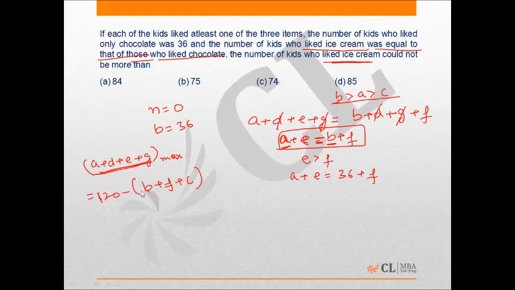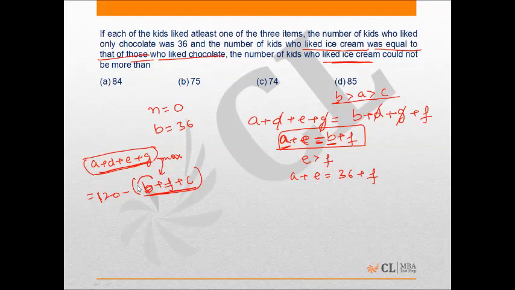Why do I write this expression as 120 minus this? Because from here I can reduce this expression into two variables only. So I have to calculate the minimum or maximum value, whichever the case may be, for the two variables only.